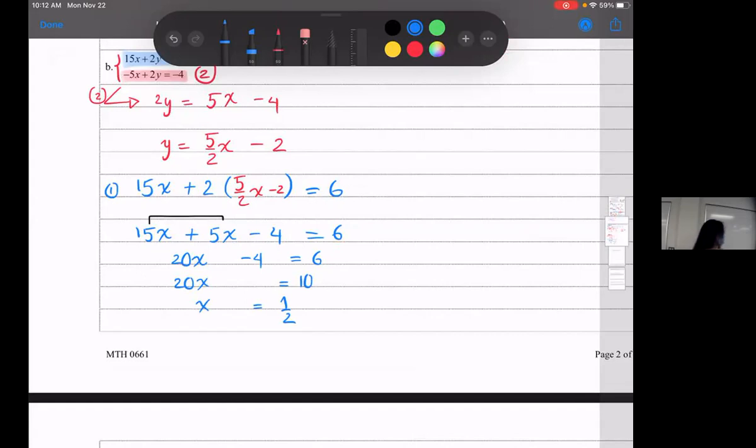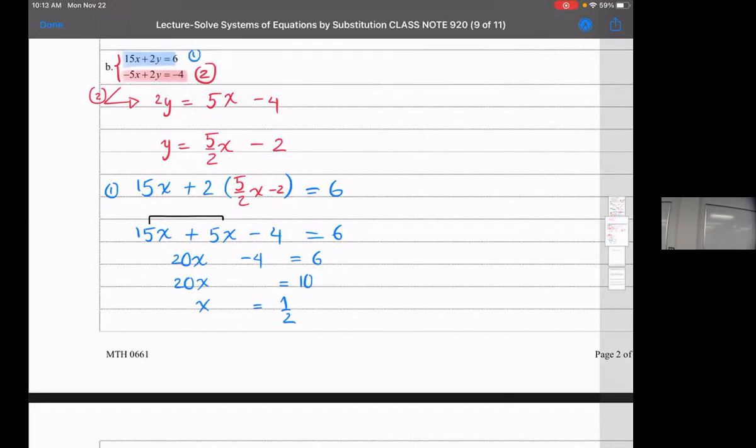I got 1/2. Is that what you got? x equals 1/2?